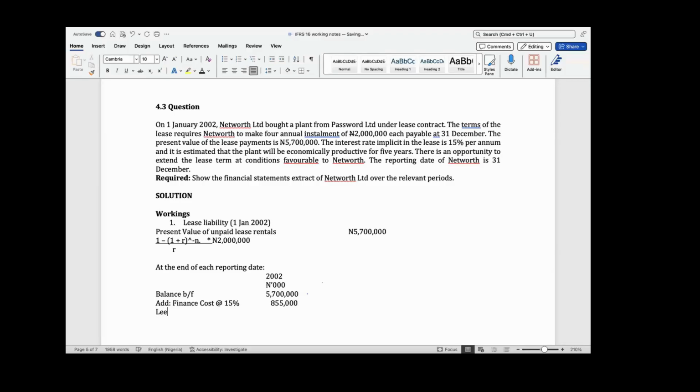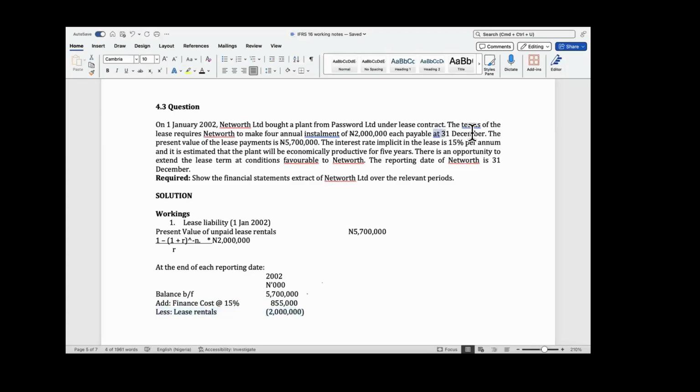And I will deduct my lease rentals. How much am I paying as rent? 2 million. So you have to follow this order: add the finance cost first before you deduct the rent.